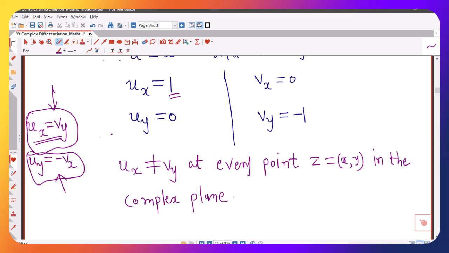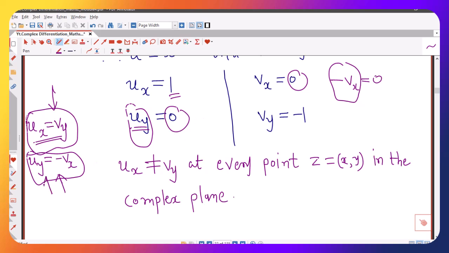And here we can see del u by del y is 0 and del v by del x is 0, therefore minus del v by del x is also 0. So it is clear that del u by del y and minus del v by del x are equal at every point. At every point their value is 0. So this equation is satisfied at every point. But this equation is not satisfied at any point.